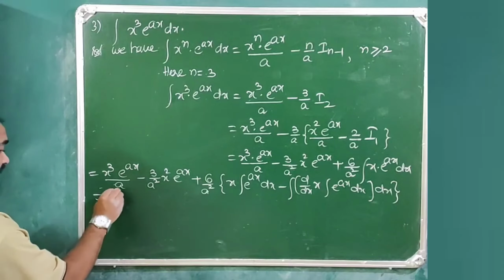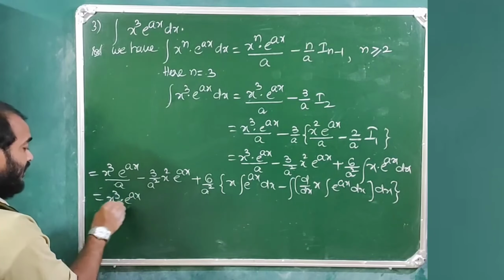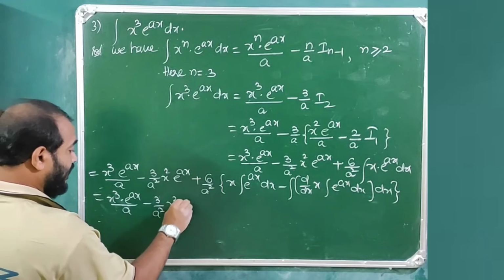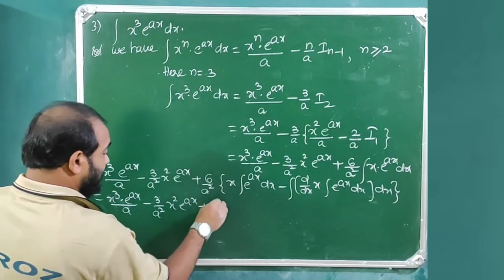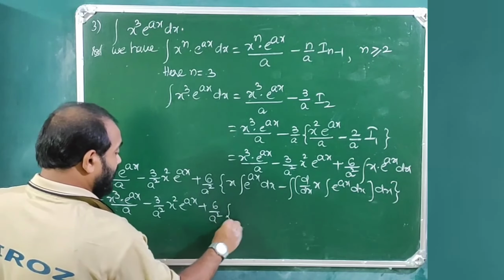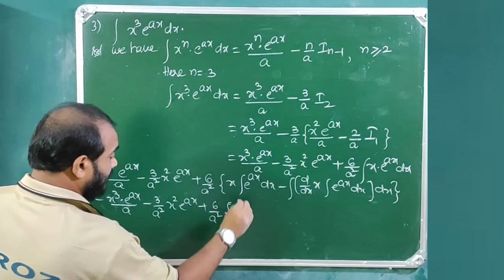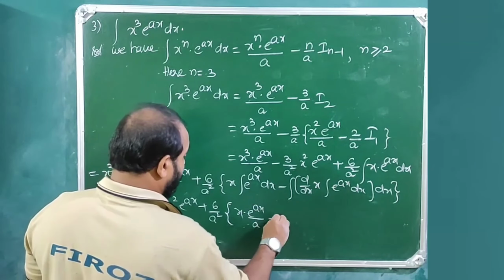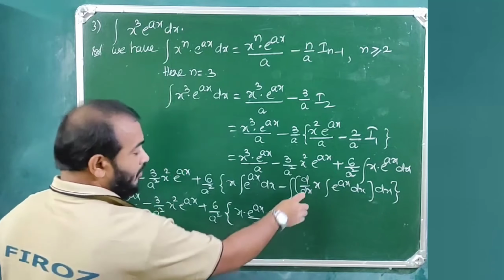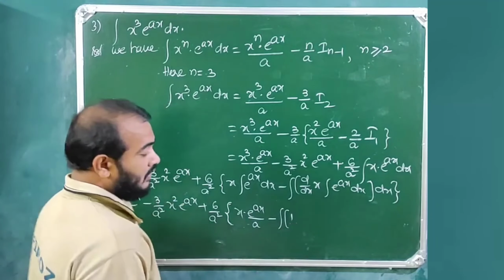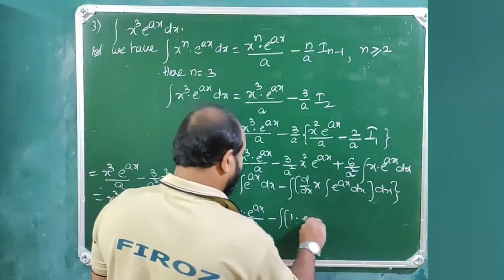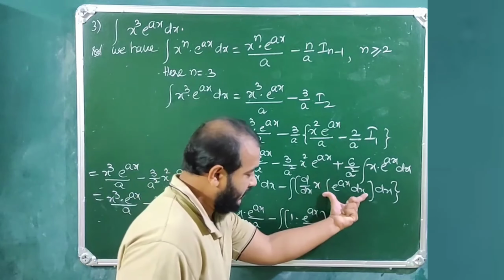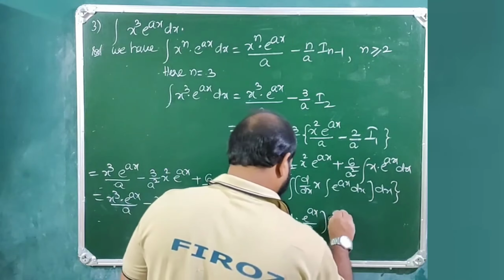So this is x cube e power ax by a minus 3 by a square x square e power ax plus 6 by a square x into integral e power ax dx is e power ax by a minus integral of d by dx of x is 1. Integral e power ax dx is e power ax by a dx.